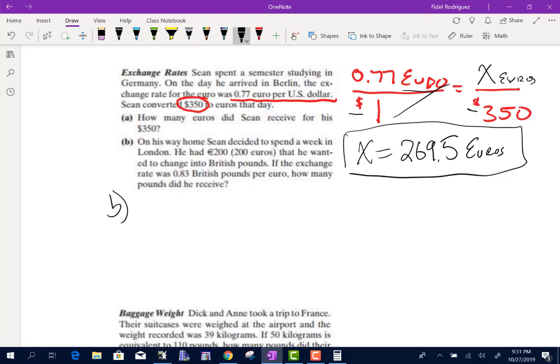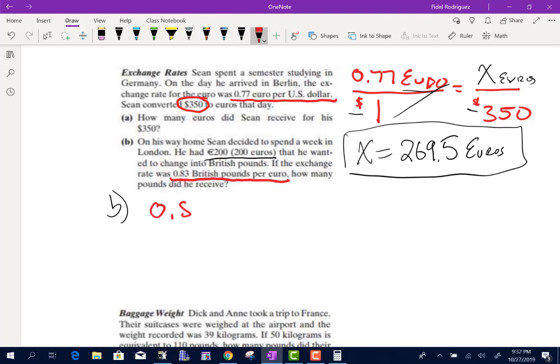Part B now says, on his way home, Sean decided to spend a week in London. It says he had 200 euros that he wanted exchanged into British pounds. If the exchange rate was 0.83 British pounds per euro, how many pounds did he receive? Okay, so we're going to do this just like we did the other one. So I want you to look at this part right here.